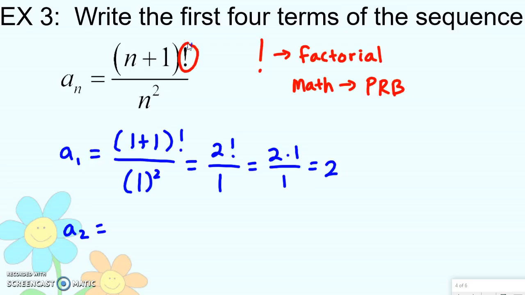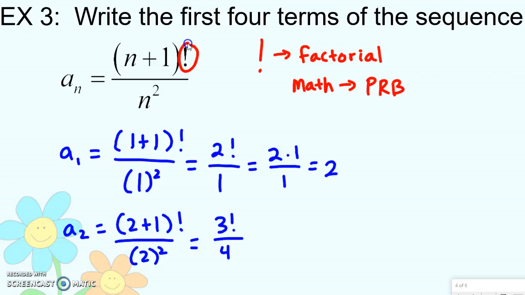Okay, a sub 2. 2 plus 1 factorial over 2 squared. So now I'm going to do 3 factorial over 4. When they're small like this, it's really just easier to do it without typing it in the calculator. So that's 3 times 2 times 1 over 4. So the numerator, 3 times 2 times 1 is 6 over 4, which reduces to 3 over 2.